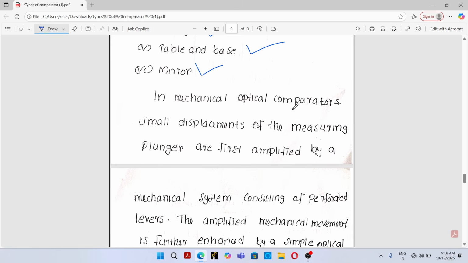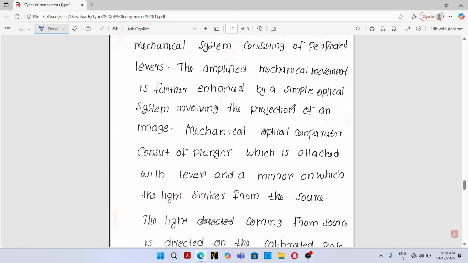In a mechanical optical comparator, small displacements of the measuring plunger are first amplified by a mechanical system consisting of a lever system. The amplified mechanical movement is further enhanced by a simple optical system involving projection of an image.